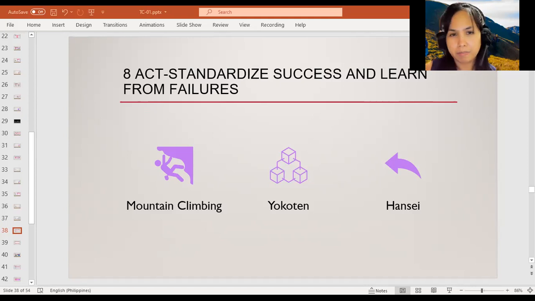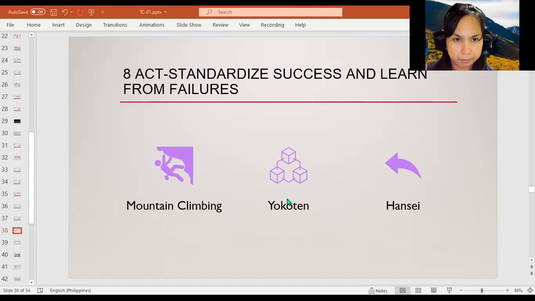Once countermeasures have been implemented, we must verify if they work or not, while also standardizing our successes and learning also from the failures. Otherwise, our countermeasures will die, just like mountaineers stranded on a summit. Okay, we really need to check and learn from the climb so that we can climb again.